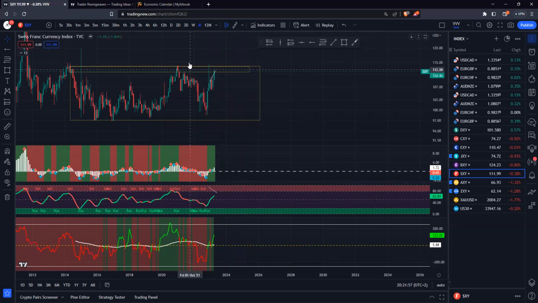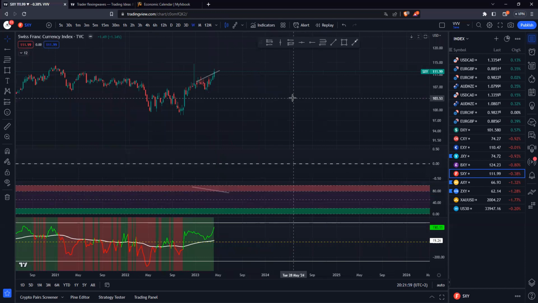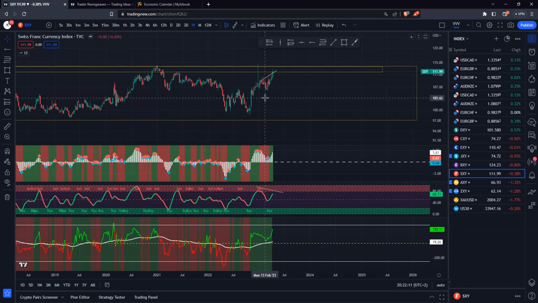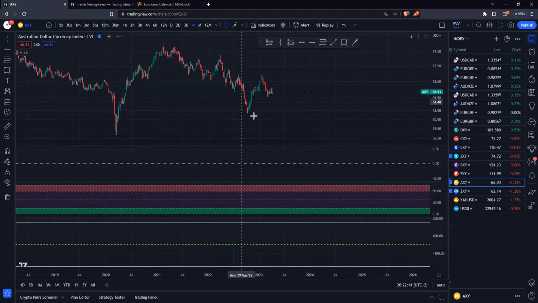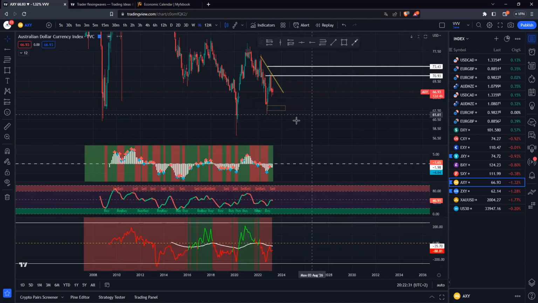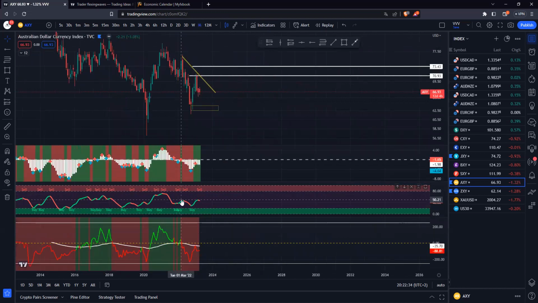This could make a reversal move as well, but I see a bit of strength in the SXY as I see in the CHF pairs. Okay, the AXY, as we saw on the AUD/NZD, there is about strength to kick in on the AXY, and there is also a divergence which is not that beautiful, as you see on the monthly basis.